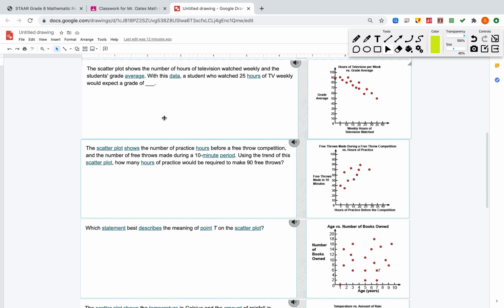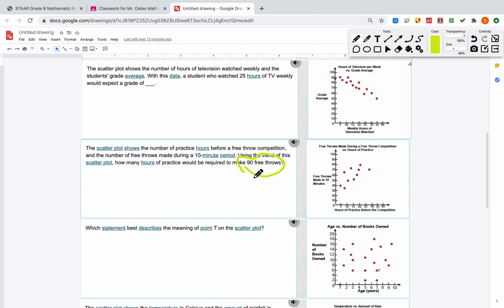So we're going to try another one. The scatter plot shows the number of practice hours before a free throw competition and the number of free throws made during a 10-minute period. Using this trend on the scatter plot, how many hours of practice would be required to make 90 free throws? So what we know is we're going to have to make 90 free throws.